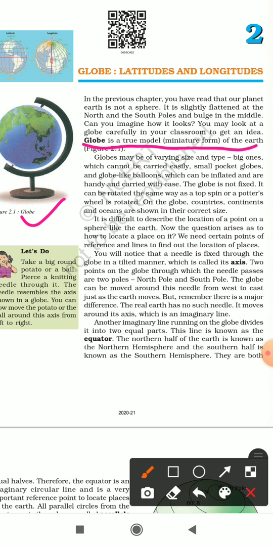It can be rotated in the same way as a top spin or a potter's wheel is rotated. Now, on the globe, the countries, continents, and oceans are shown in their correct size and location.